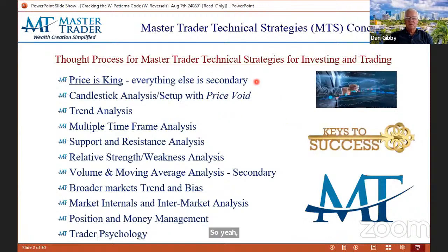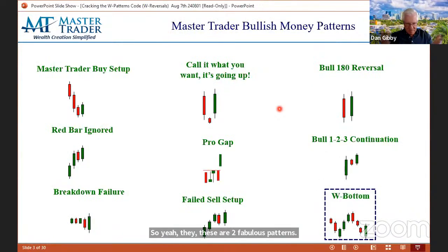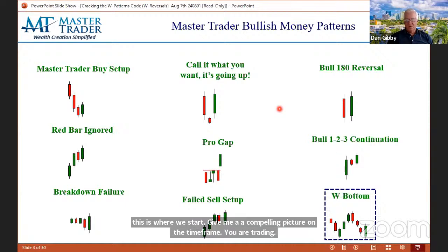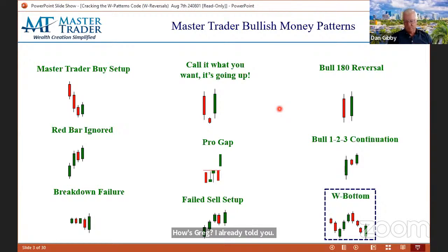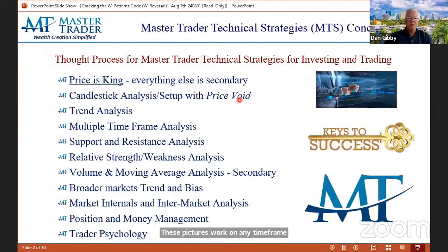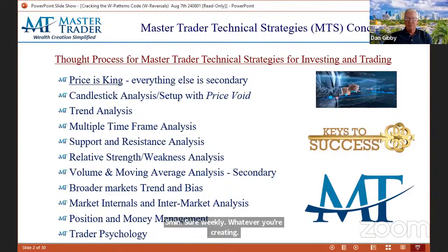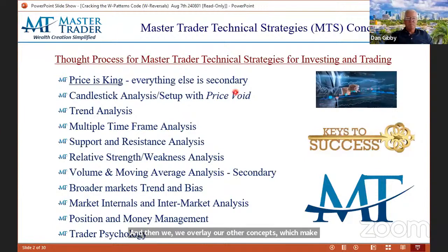So this is where we start. Give me a compelling picture on the time frame you are trading. As Greg already told you, these pictures work on any time frame, 5-minute chart, weekly chart, whatever you're trading. And then we overlay our other concepts, which make up our total approach, and say, okay, now I got this compelling pattern.